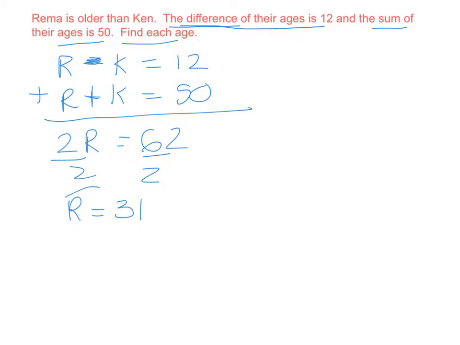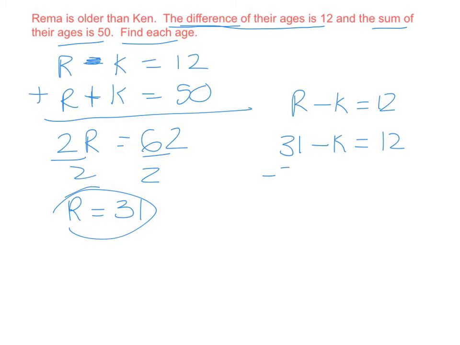So I have one person. I'm going to put it into either equation. I'll put it into r minus k equals 12. 31 minus k equals 12. Subtract 31.